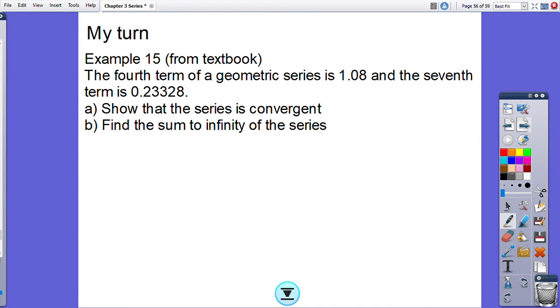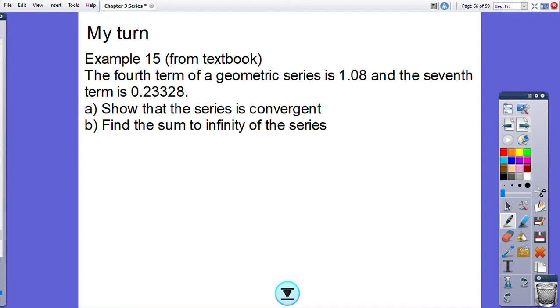So we are going to answer part A by pretty much using the same technique as we did last time. We're going to set up two simultaneous equations, and then solve them, find out our value of R, and then hopefully if we get our value of R out, it should be, if it is convergent, between -1 and 1.